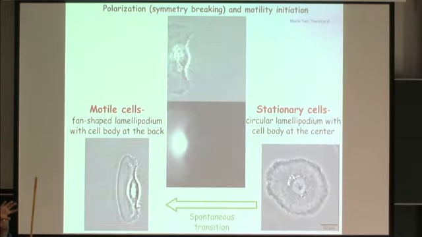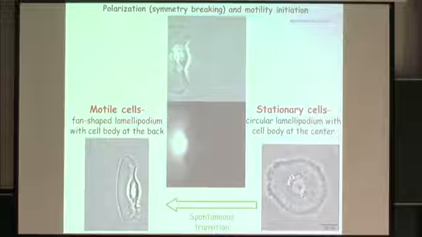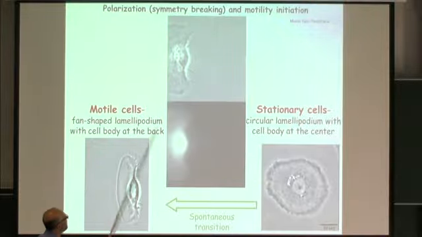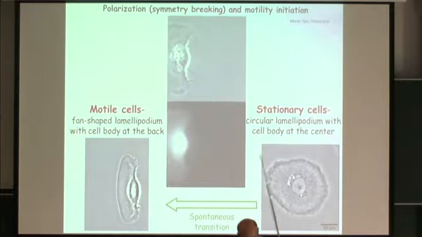So lamellipodium makes this flat ring around the periphery, and at the center is this mound of the cell body. And then spontaneously, and people did this experiment very carefully many times, there are absolutely no directional cues from the environment. Spontaneously, the cell polarizes, assumes this characteristic fan-like shape and starts moving. And so the question is, what is the nature of this symmetry break? What is the nature of this phase transition, however you want to call this phenomenon?